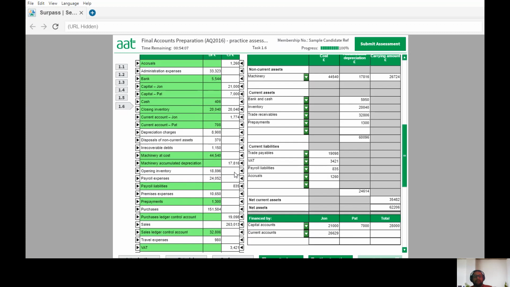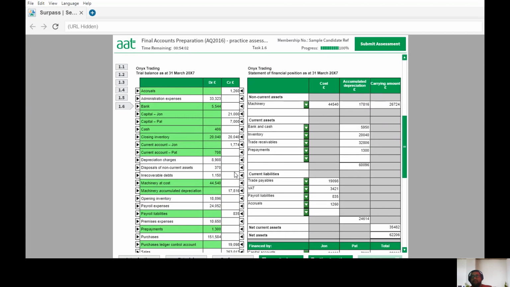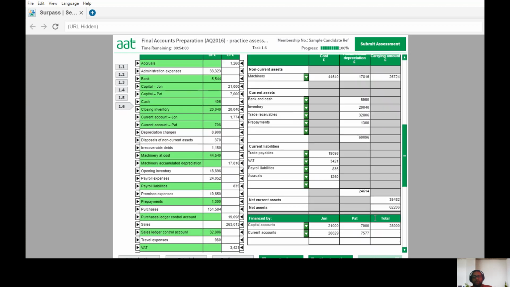And this one is going to be 7,577. So altogether, the total for your current account balance is 34,206 pounds. So if you add both of those together, 62,206 will be the answer.